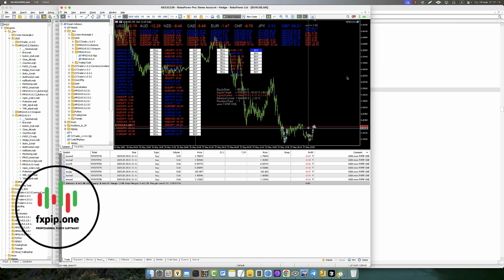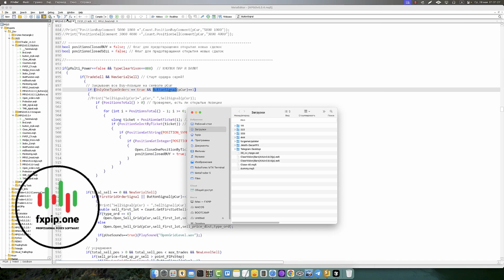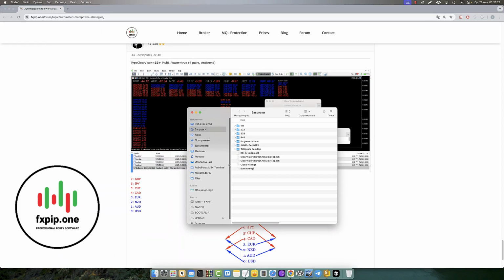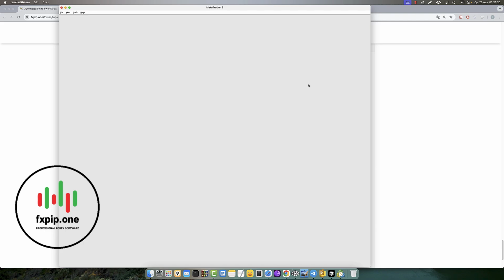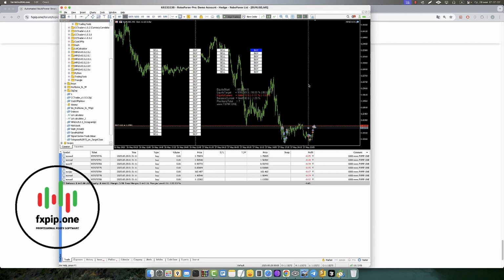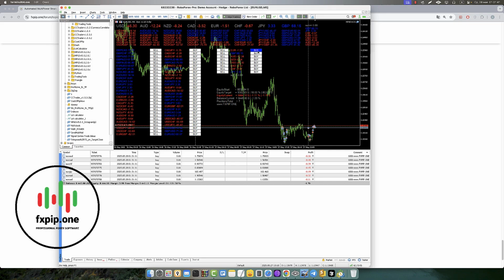Right now what we can do, I already posted this in previous videos, that now you remember which button you press, it opens 7 pairs at one currency. So if you reboot your MT5, next boot, you will see that remember this button.